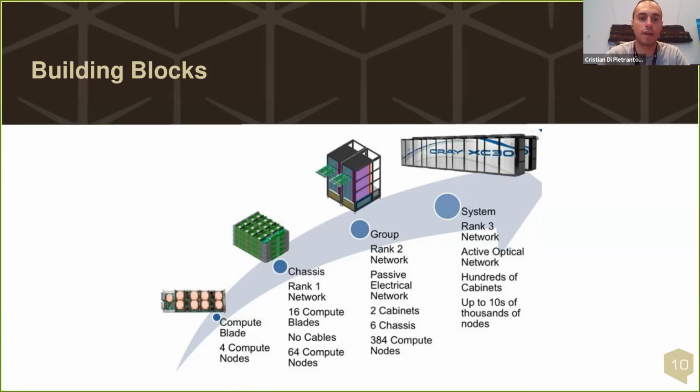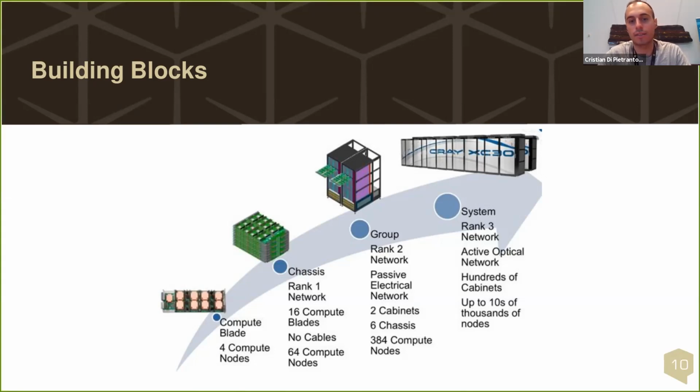Starting at the bottom, we have the compute plate, which on this system is made of 4 compute nodes, but usually several compute nodes. The design of these nodes is optimized for taking the least space possible, because these plates are then put together in what we call chassis.